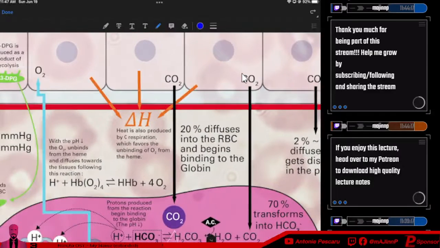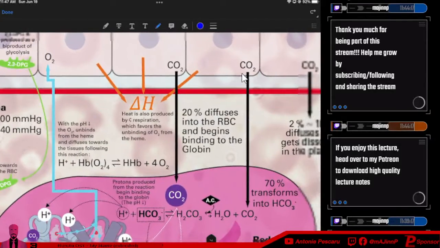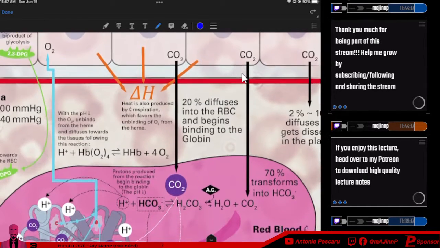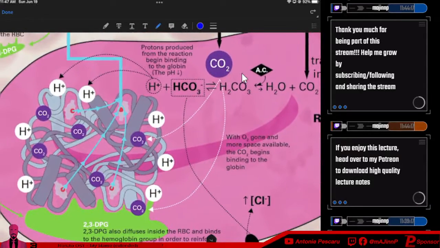Now, the heat is not that important, but it's still a component of cellular respiration. It basically takes the heat, and then the oxygen starts feeling that and begins unbinding. But that's not enough. That's what I'm trying to say.